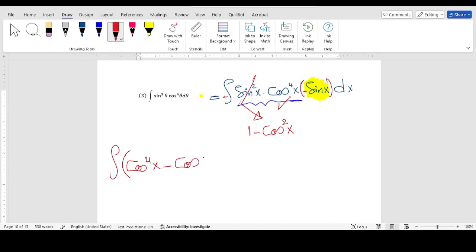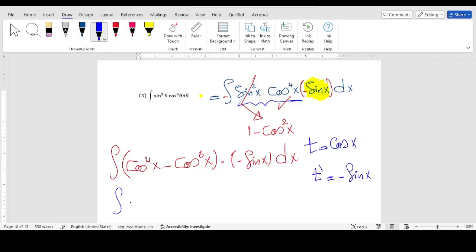This is cosine to the power 6x times negative sine x dx, by letting t equal cosine x. So t dash will be negative sine x. Then this would be the integration of t to the power 4 minus t to the power 6 times t dash dx.